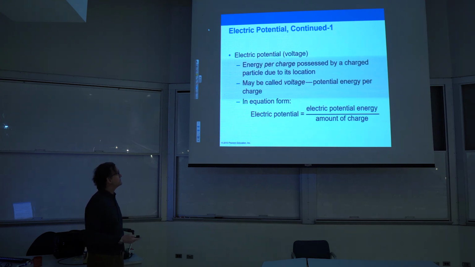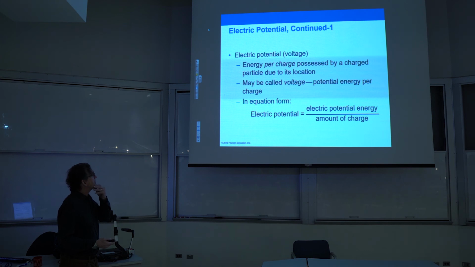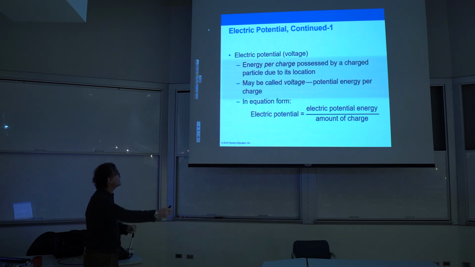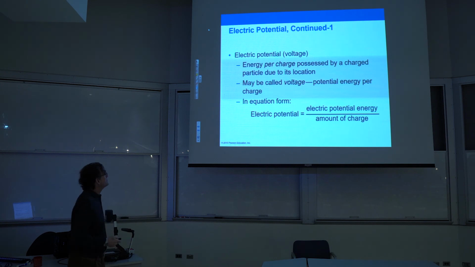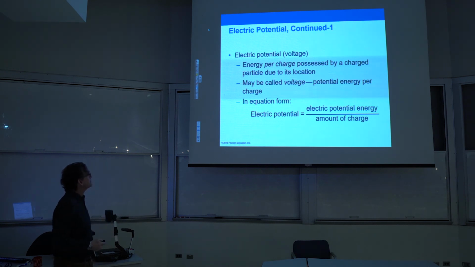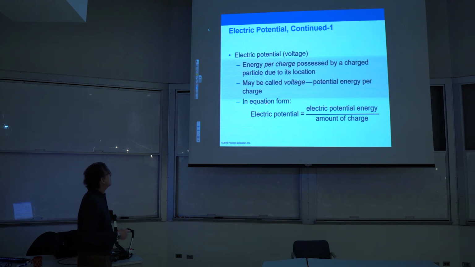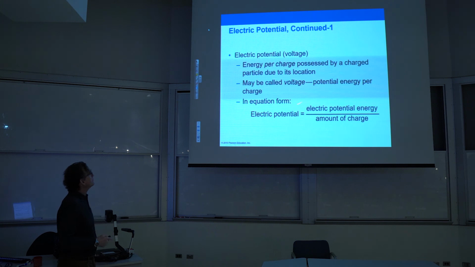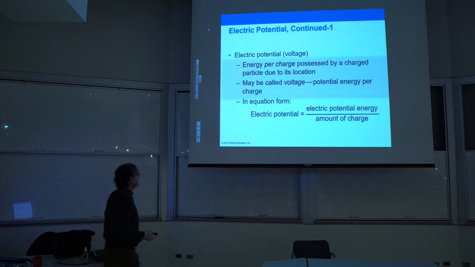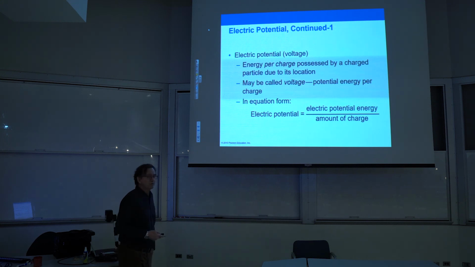The electrical potential energy comes from displacing the object against the force field, so that when I release it, it's attracted back towards the direction of the forces being applied. But if we divide that potential energy by the amount of charge, that is called voltage. And the voltage is a unit of electrical potential. The idea of a volt is its potential energy per unit of charge.